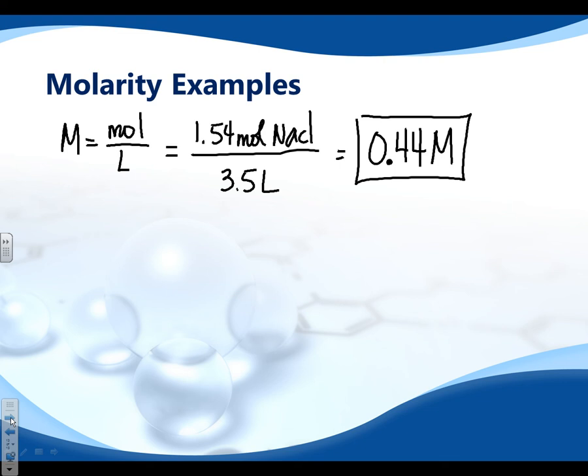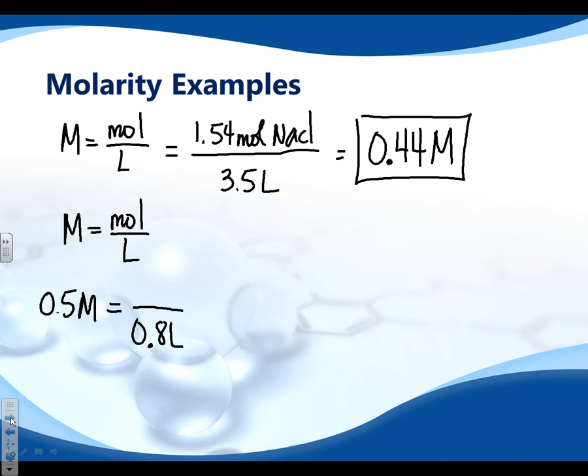Remember, moles over liters. Second example, how many moles of hydrochloric acid are required to prepare 0.8 liters of a 0.5 molar hydrochloric acid solution? So in this problem, again, we're using the same formula, moles over liters. But in this particular problem, I'm given the molarity, which is 0.5, and I'm trying to figure out how many moles of hydrogen chloride I need to put in this solution to create that molarity.